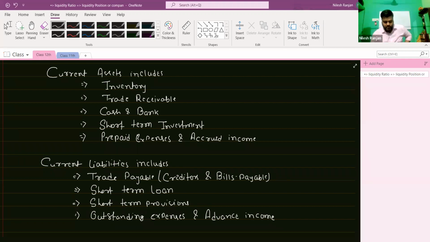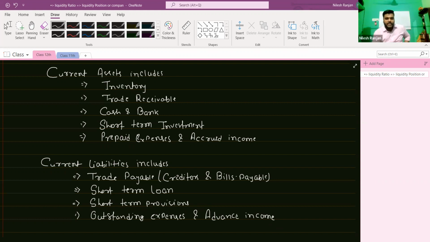And prepaid expenses and accrued income. Prepaid expenses means we have paid expenses in advance. That's why it is an asset for us. And we have incurred some income, but it is not received yet. We performed some job, but the money is not received yet. So it is called accrued income.